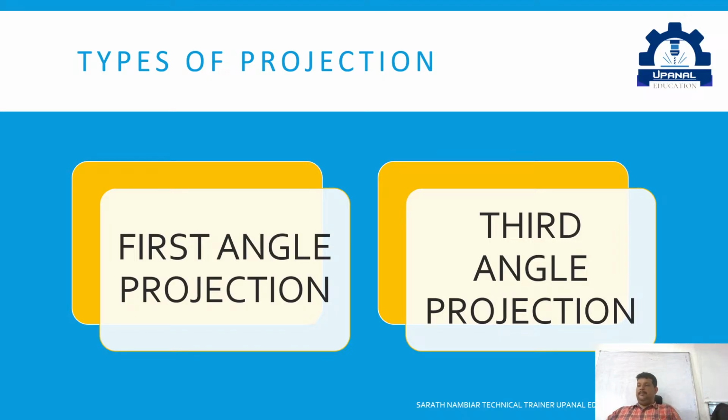That means in one method, the top view may be below, and in another method, the top view may be on the top. So if you don't know which system is used, you may think you are looking at the top, but actually you are looking at the bottom, and that creates confusion. So again, I repeat, always check the projection symbol first, then only start reading the drawing.